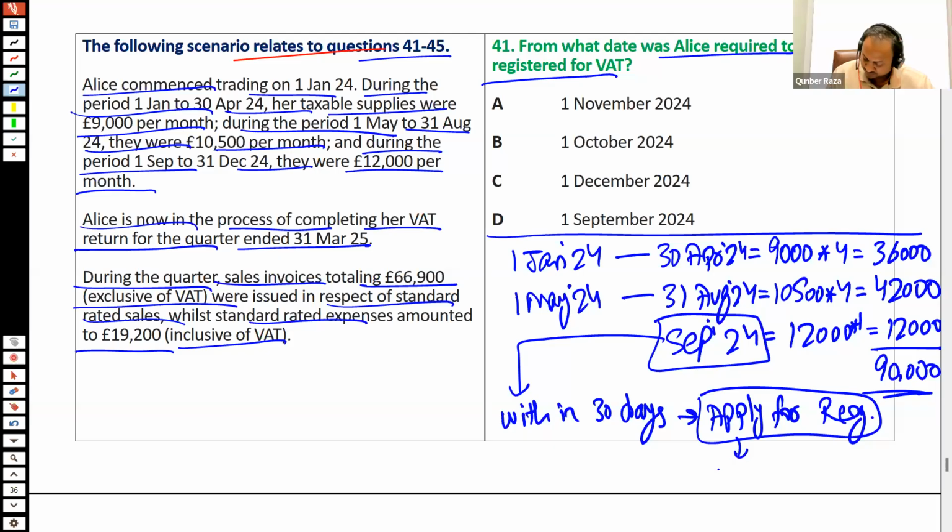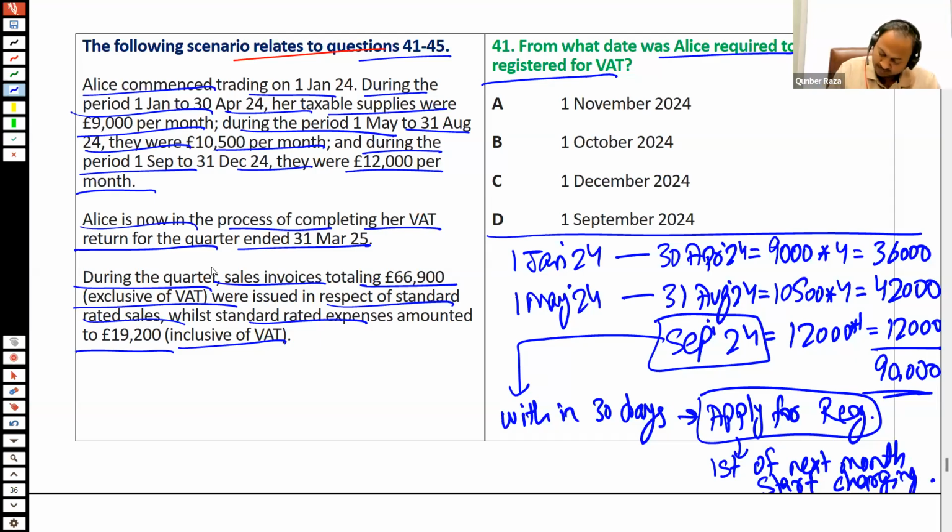And from the 1st of the next month, start charging the VAT. So the correct option is option A, 1st November.